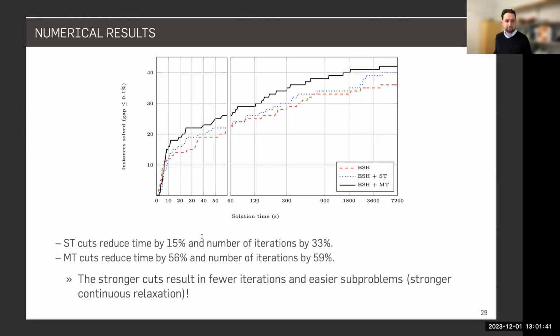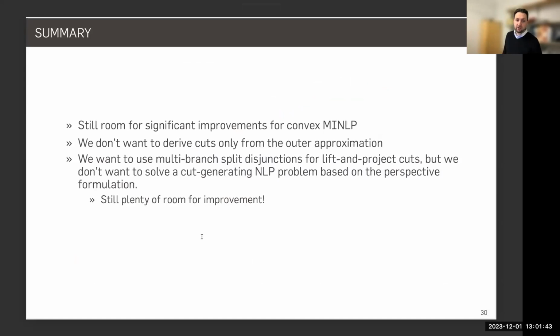orders of magnitude. And just to summarize what I've been talking about here, I hope to convince you that there is still room for significant improvements for convex MINLP. I think it's exciting times now when companies such as FICO and Gurobi are also moving towards MINLP, and I hope to see great improvements.